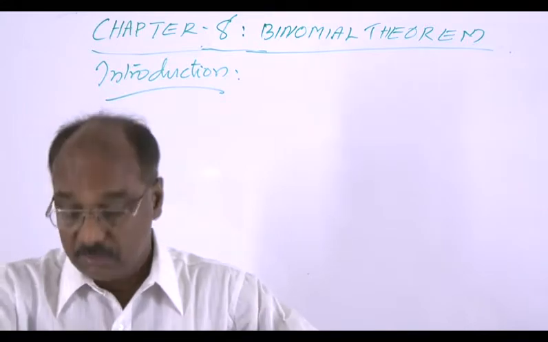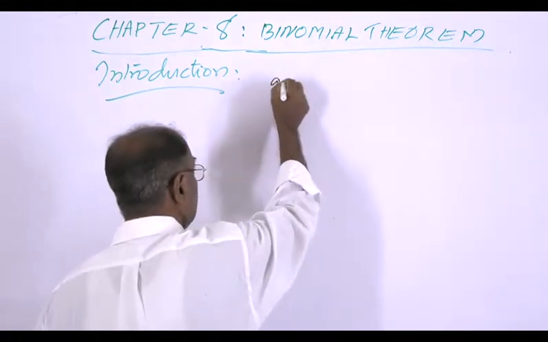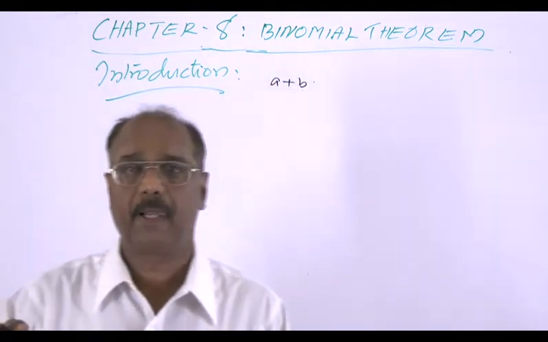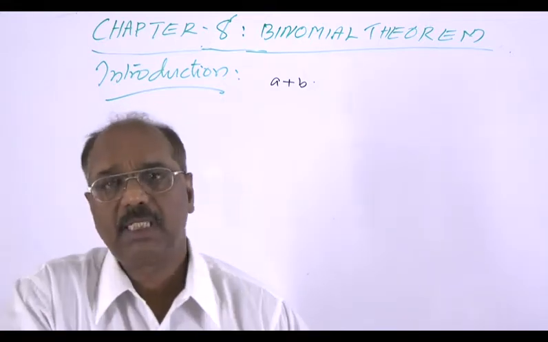The simplest form of a binomial expression is A plus B. Two terms, A plus B. It can be A minus B also.